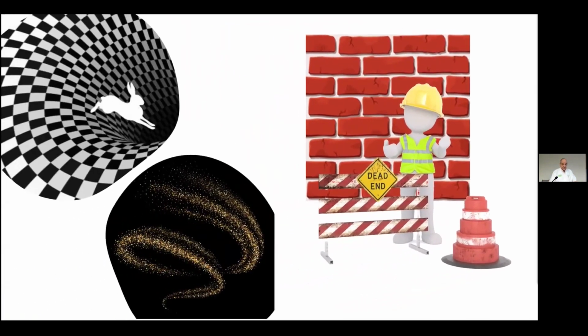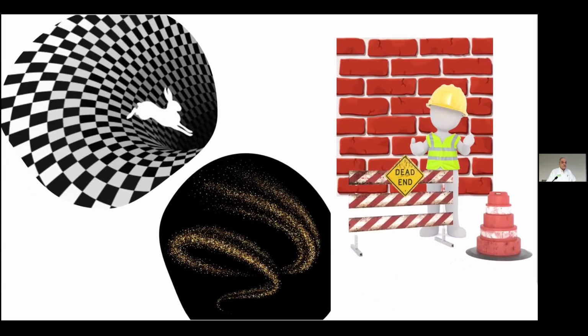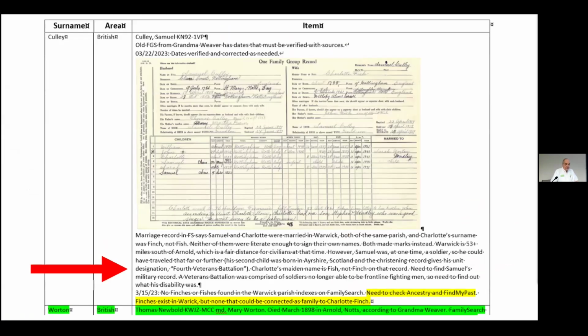And there is a way that I avoid going down these traps, these rabbit holes, BSOs, and brick walls. What I do is, when I find the thing, I keep a notepad. If I did it by hand, I wouldn't be able to read my own handwriting in three days. So I do it on the computer.